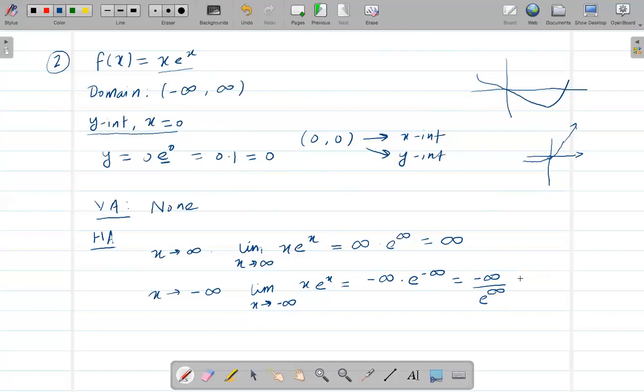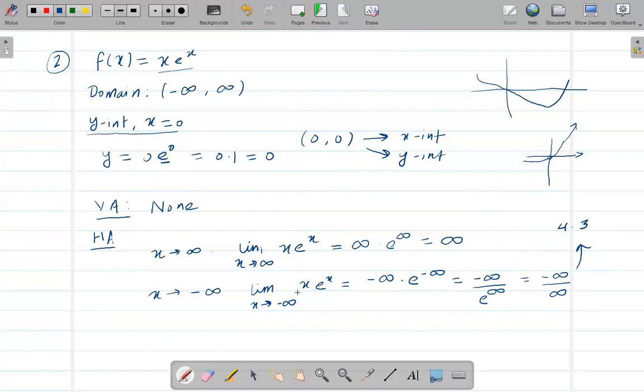So on the top, we still have negative infinity over positive infinity. Technically this is infinity over infinity, so now I can use L'Hopital's rule that we learned in section 4.3.